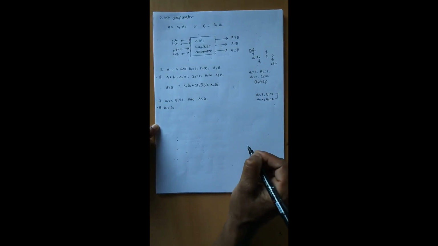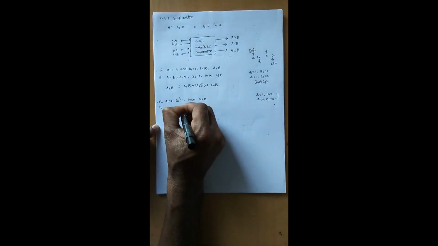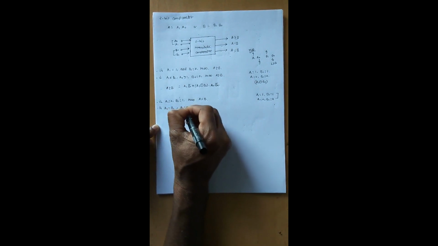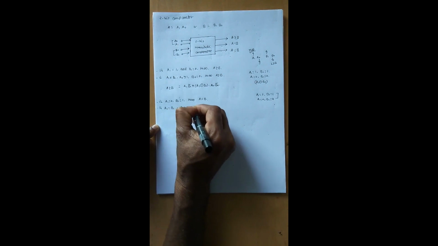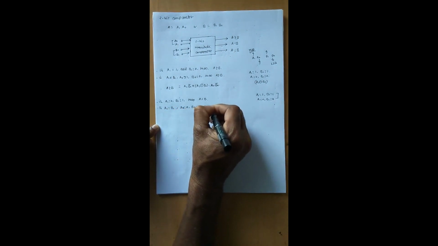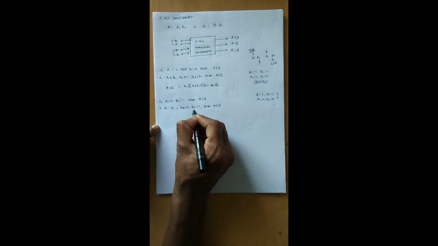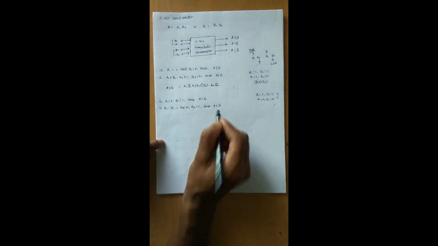Both coincide with each other. For these conditions, A0 is equal to 0 and B0 is equal to 1. Then A is less than B, because here B0 is 1 and A0 is 0. That's why this condition will arrive.